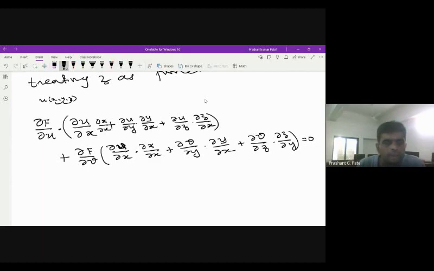Now what will happen to del x by del x? This tends to 1, and since y and x are independent variables, del y by del x tends to 0.